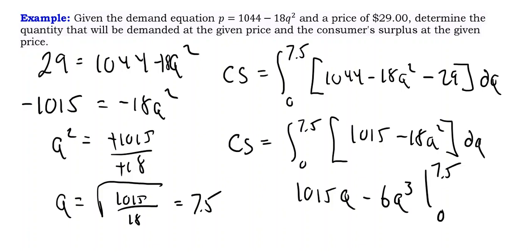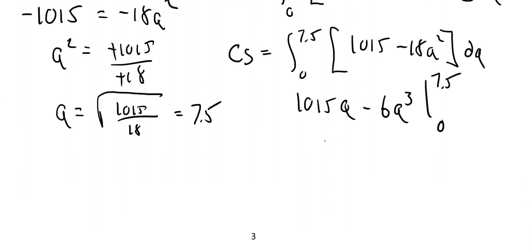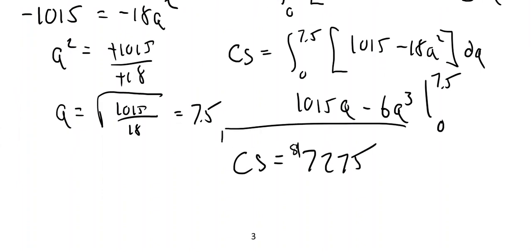And when you evaluate that in Desmos, you will get the consumer surplus is approximately 72.75. So this is the savings, the consumer savings or surplus by purchasing a product, good or service at a lower price. All right, consumer surplus.